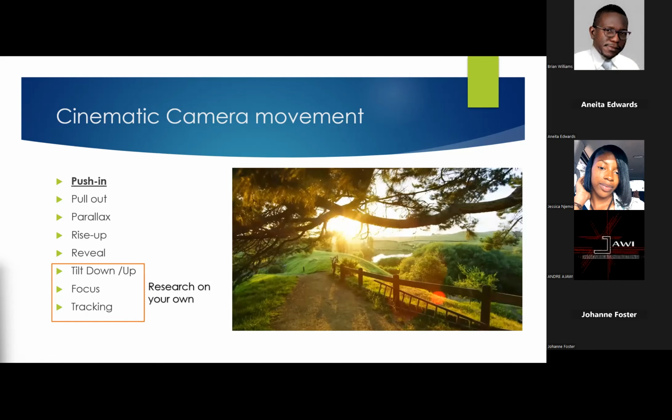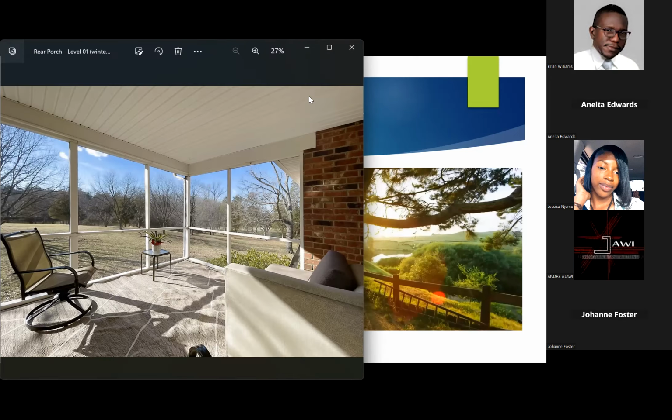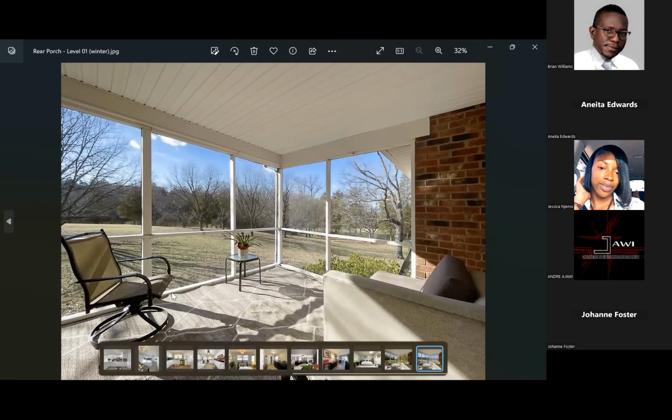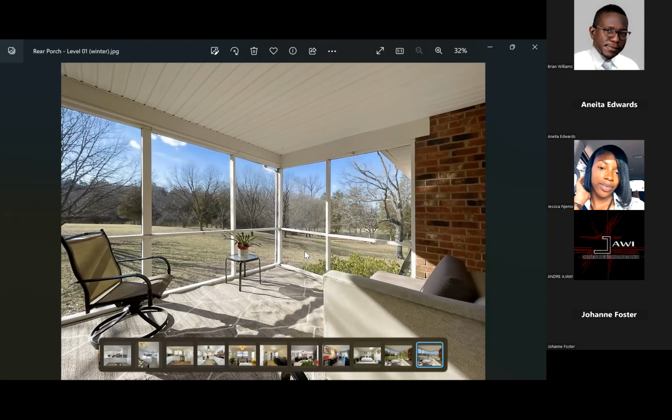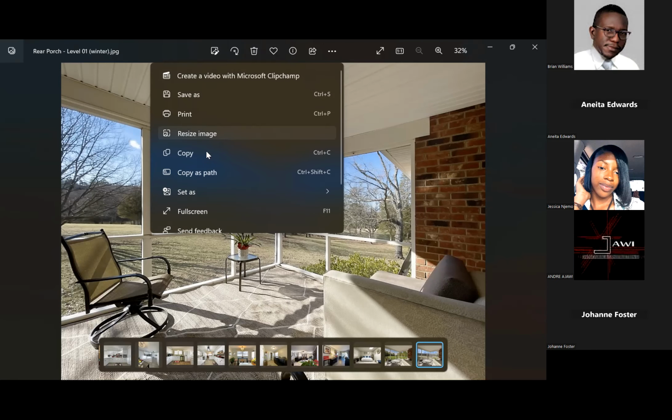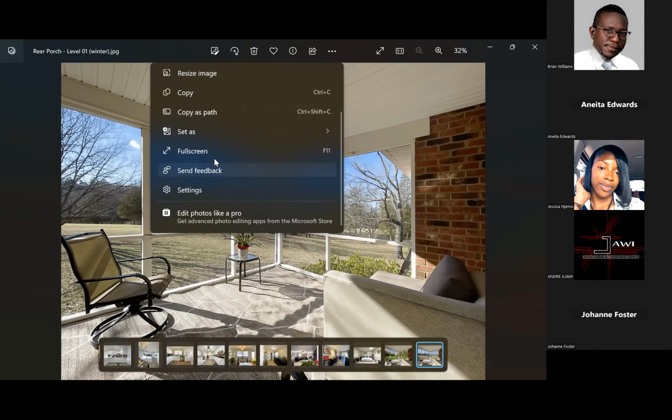All right, so let's take a look at this shot here. This is an image that I took with a camera. And you know what, guys, one of the great things about taking a real photograph is that the metadata is usually saved.